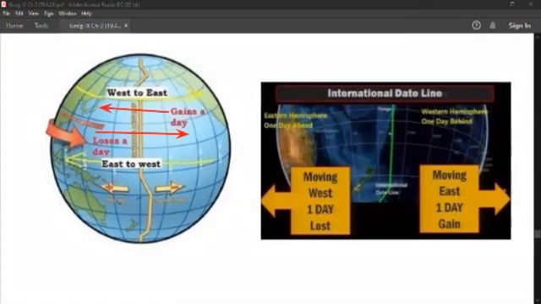Now you can notice that the international date line is not a straight line. It is zigzag in nature.